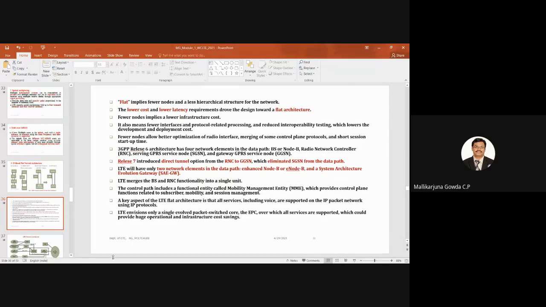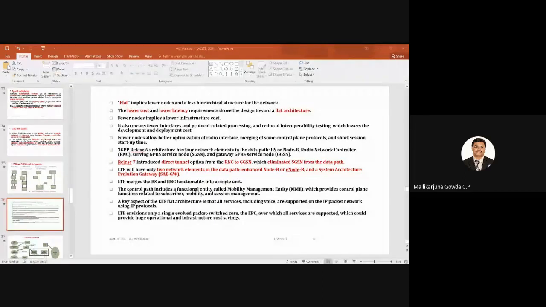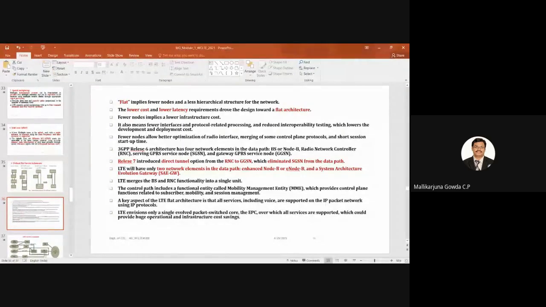What is IP? Just the expansion of IP I'm asking. Internet protocol. Very good. So IP address, every device that wants to establish a communication will be given an IP address.